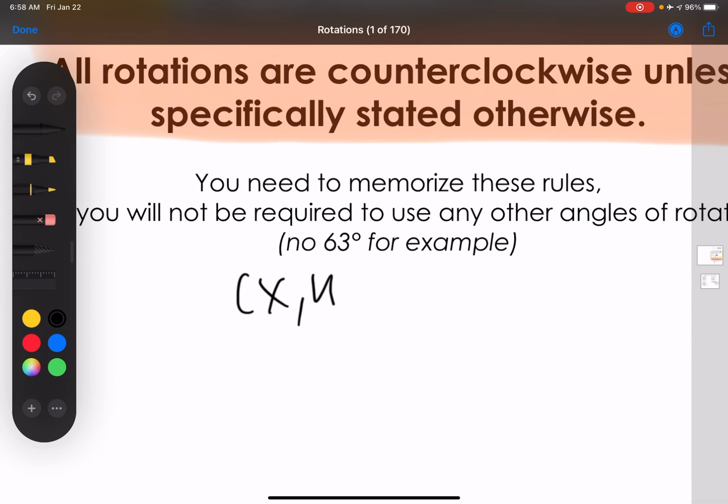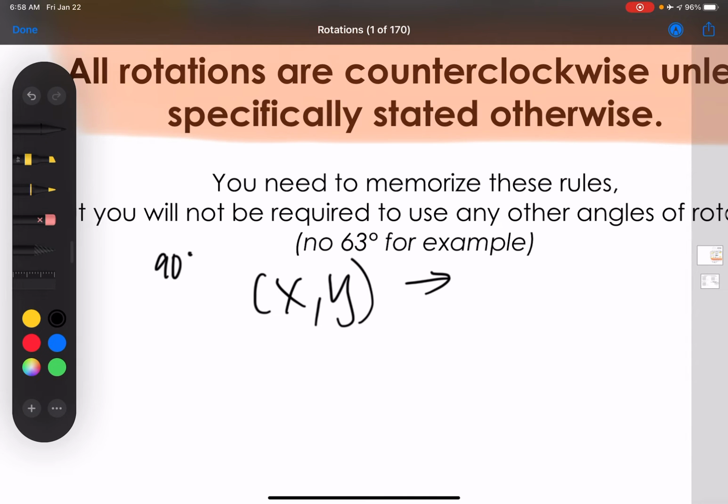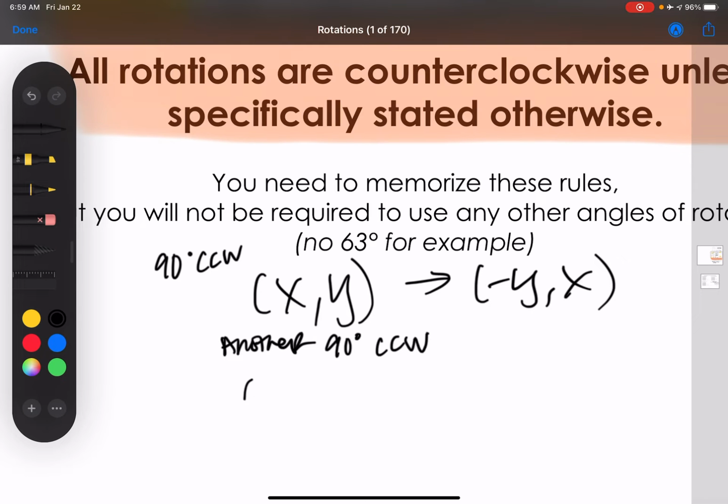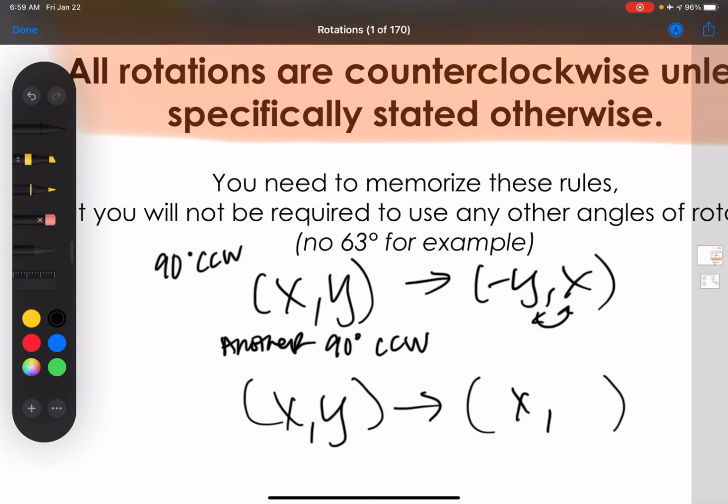Check this out. If this is your original 90 degrees counterclockwise, and I rotate this another 90 degrees counterclockwise, it means I'm going to swap both of these.